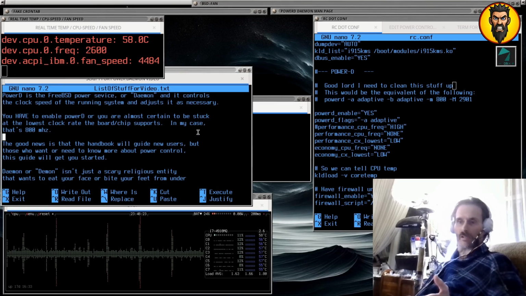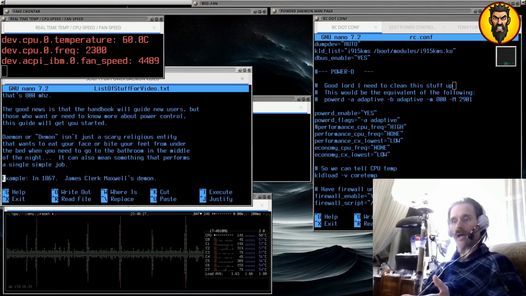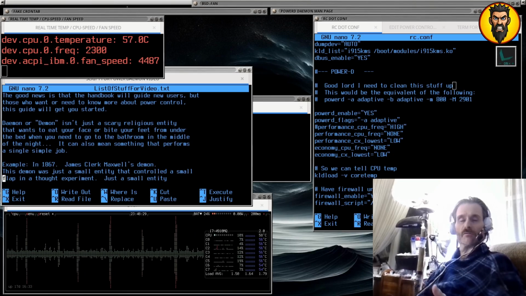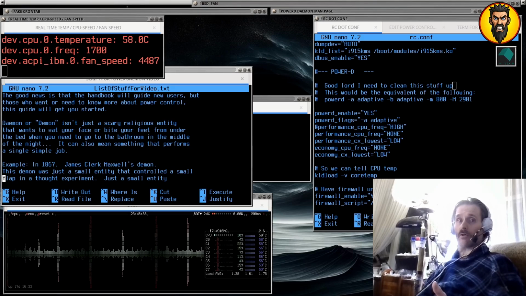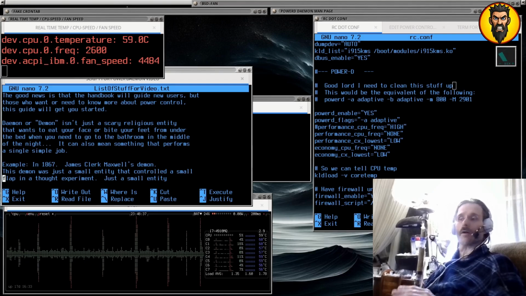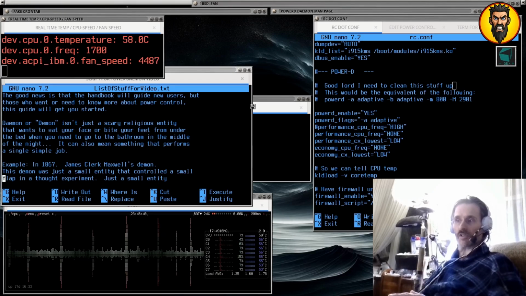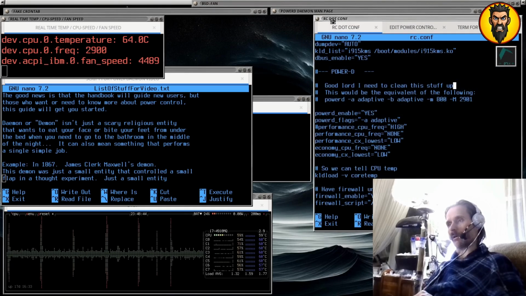Okay, so let's have another look at our script here. So we talked about that. Like I say, the good news is if you're installing a new system and you followed the handbook, you can ignore this, because the handbook specifically tells you how to configure PowerD in your rc.conf, which is this window right here that I'm shaking right now.